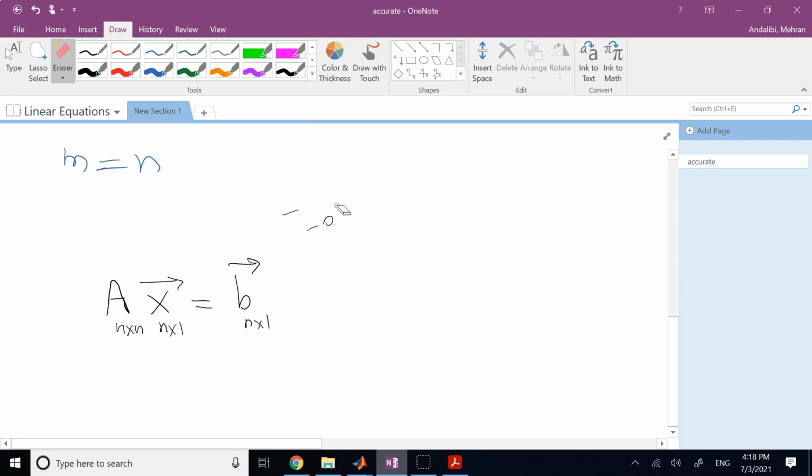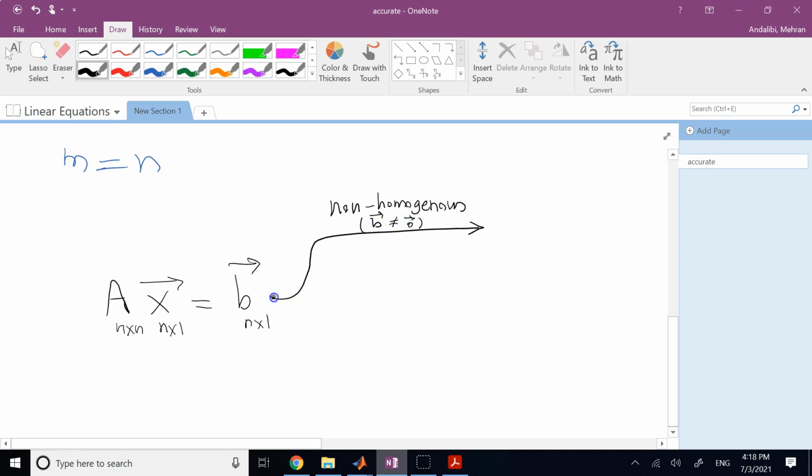so let me write this a little bit more organized. So if the set of equations is what? Non-homogeneous, which means b is not vector 0.